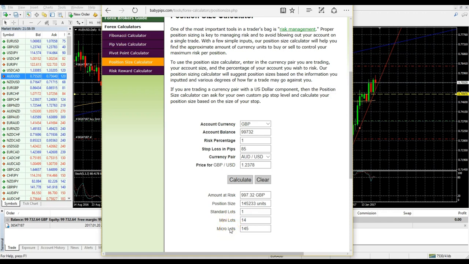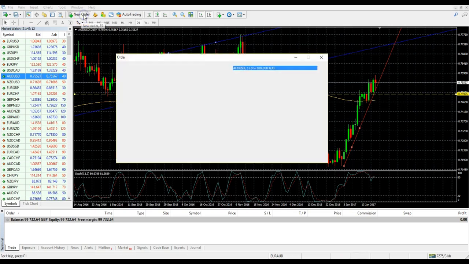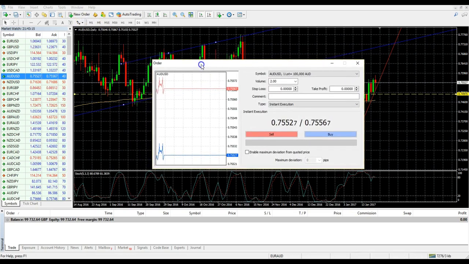So let's enter these numbers into an order. Go into the new order, left click on the mouse, and that brings up the order window. Now we have all the information to place the trade. So the volume, if you remember, we calculated to be only one standard lot.